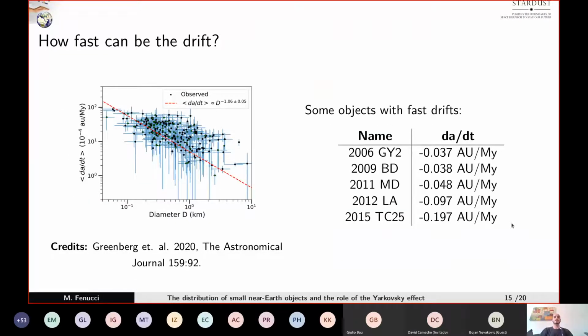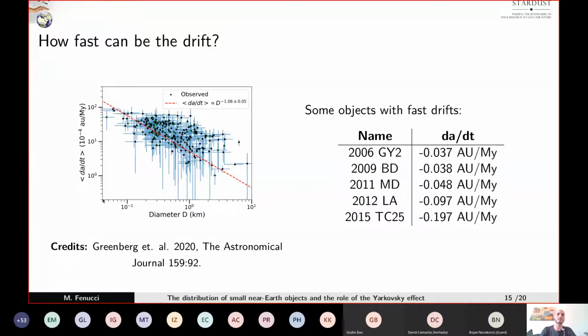And as I said before, the magnitude of the drift is proportional to the size of the asteroid, and it scales as 1/d. And here, from the measurements performed by Granvik et al. in this paper in 2020, where they measured the Yarkovsky drift for 250 objects, more or less, they fitted their measurements with 1/d, and they confirmed this trend for the magnitude of the drift.